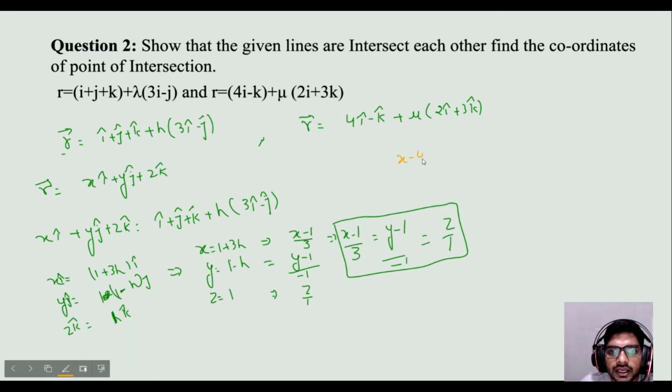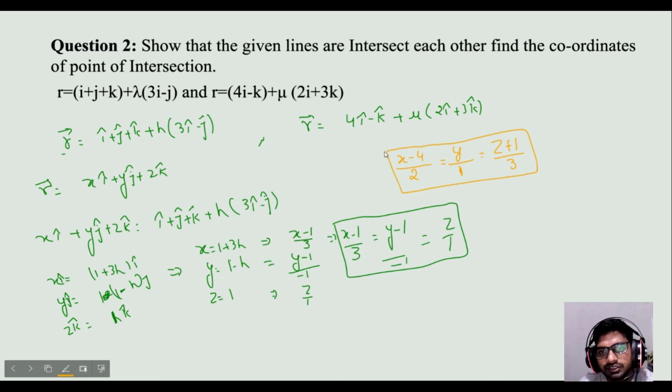Similarly, the Cartesian equation for this is given by (x minus 4) upon 2 equals y upon 0, equals (z plus 1) upon 3.